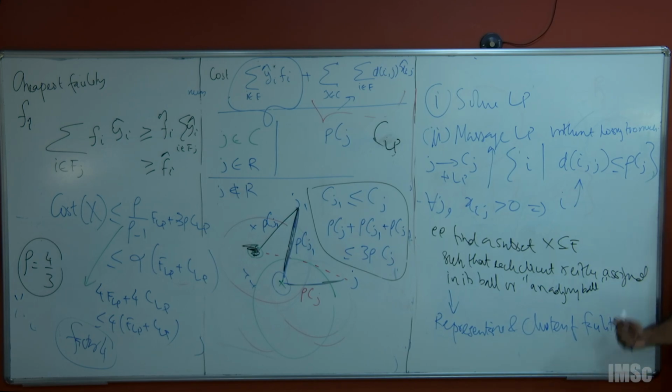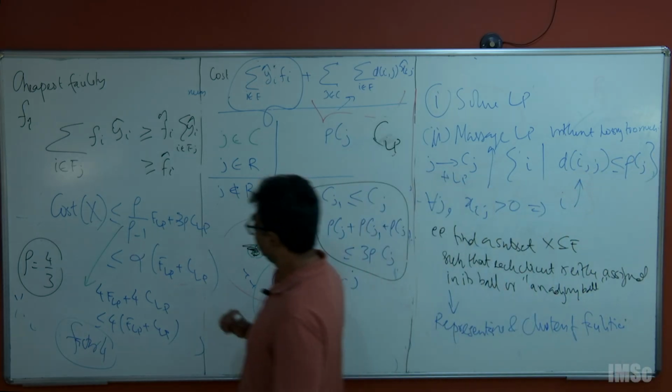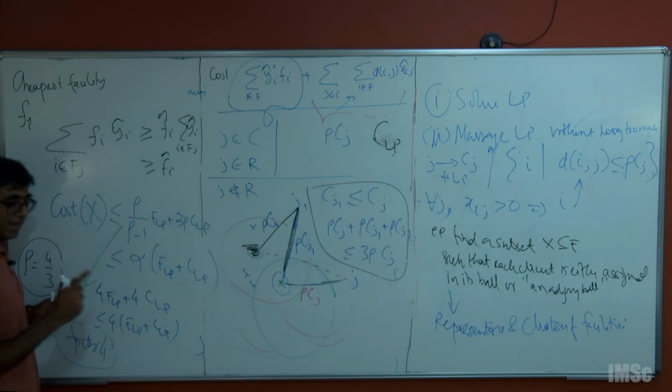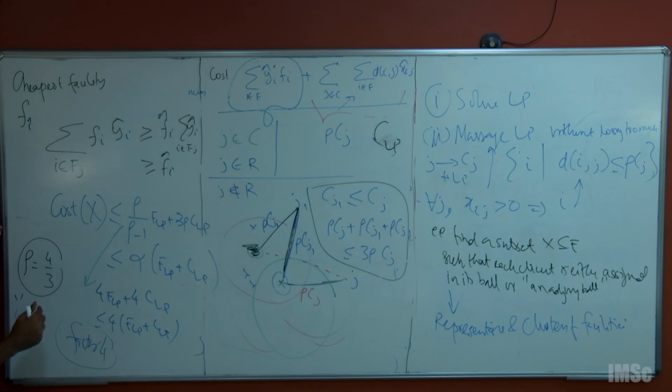So that's okay. But what was happening at the same time is that when I open the cheapest facility, think of it this way: what is the meaning that I will open some facility? Is that some yi has been assigned at least one?